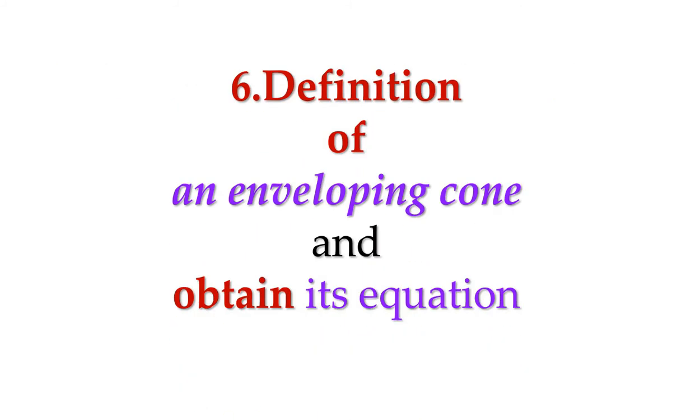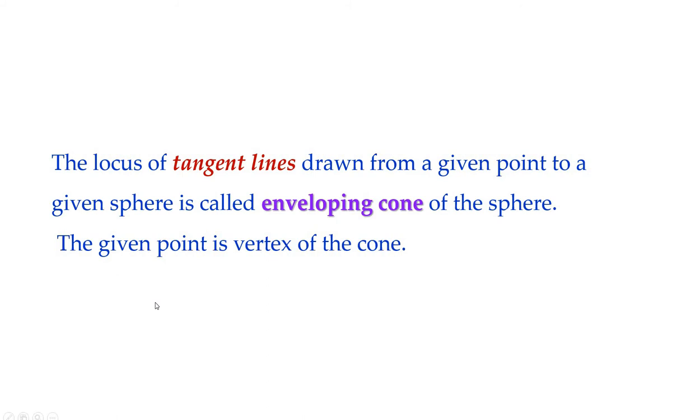So next we have the definition of an enveloping cone and we will obtain its equation too. The locus of tangent lines drawn from a given point to a given sphere is called the enveloping cone of the sphere. The given point is called the vertex of the cone. There is a point and there is a sphere, and from this you are drawing tangents to this.